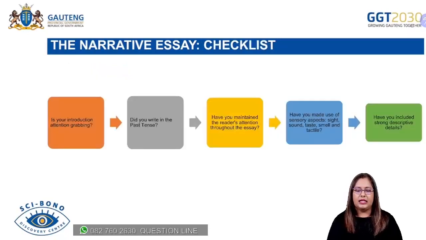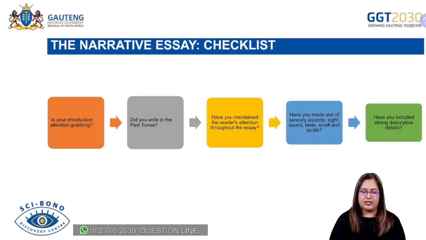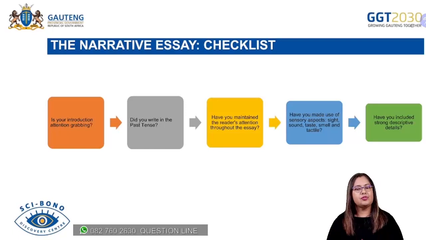All right? Your checklist for the narrative. Please, grade 12s, ensure that you follow this. Ask yourself these questions. Is my introduction attention grabbing? Did I write in the past tense? Have I maintained the reader's interest in what I'm saying throughout the essay?